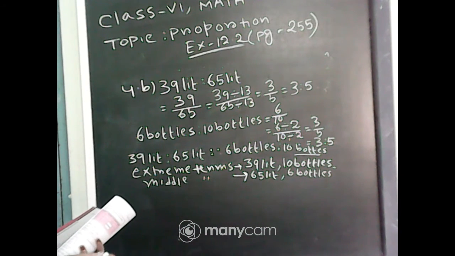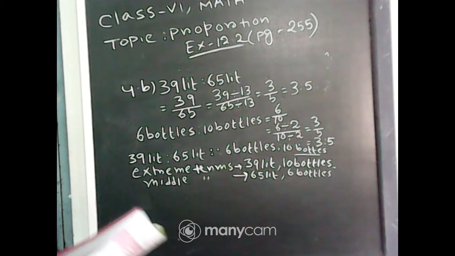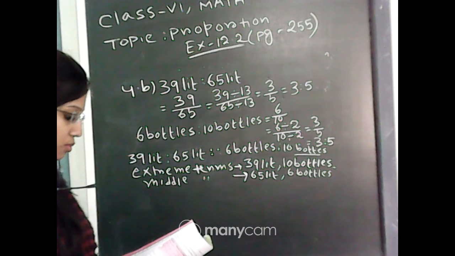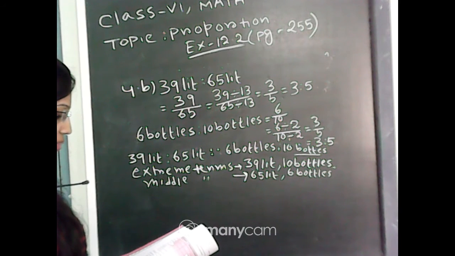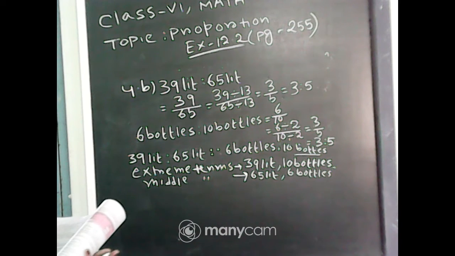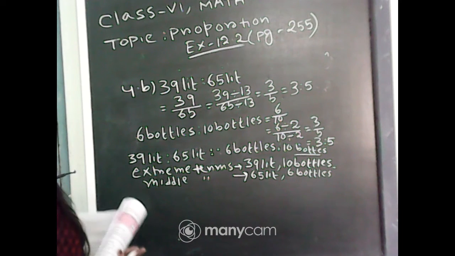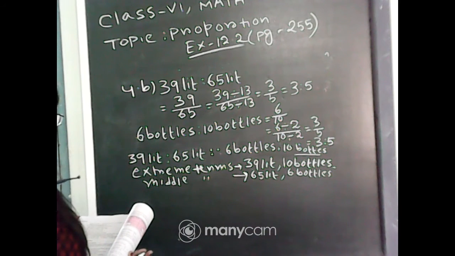Again I repeat the math. Question 4b, we have to check whether the ratios form a proportion or not. If the ratios form a proportion, we have to write the middle terms and the extreme terms. So first we will find the ratio of 39 liter and 65 liters.